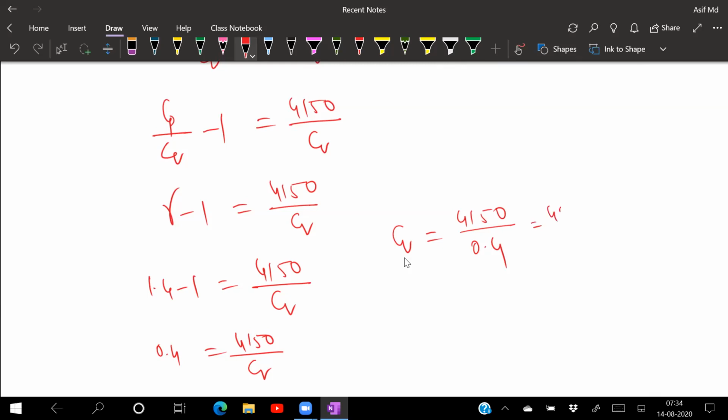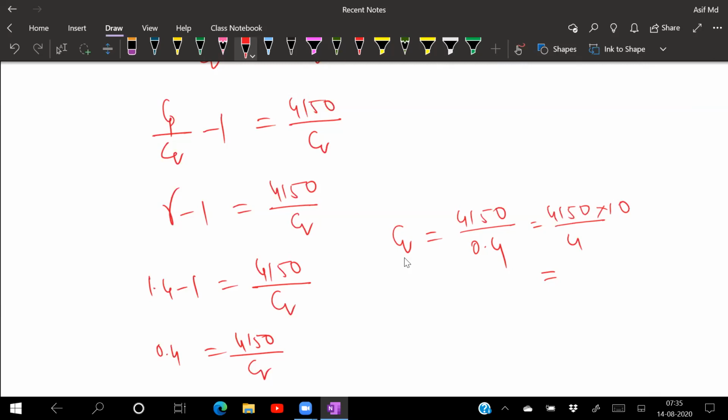That is nothing but 4150 divided by 4 into 10, which is 4150 into 10 divided by 4.